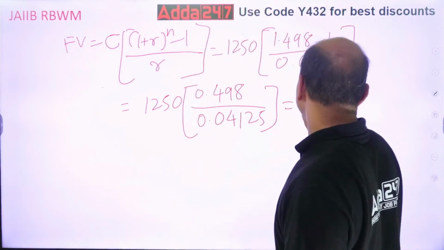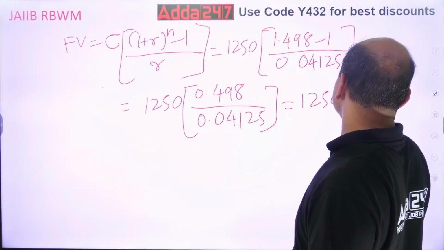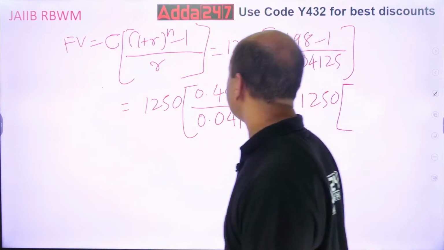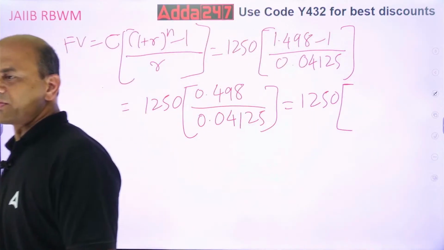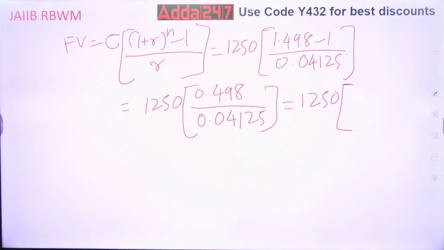So 1250 into, what is the answer for this? Roughly it is 10 times, right? So you must get it around 10 point something. Who's getting the answer? 0.498 divided by 0.04125 is 12.072.